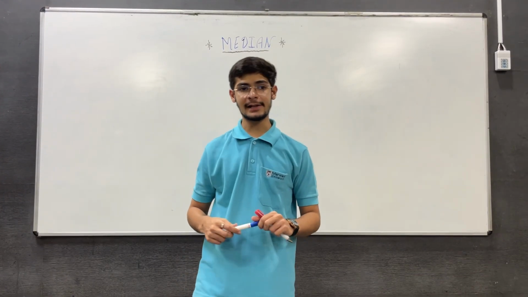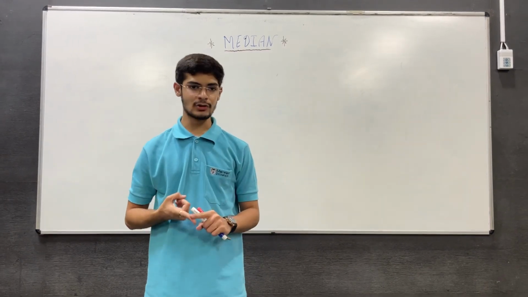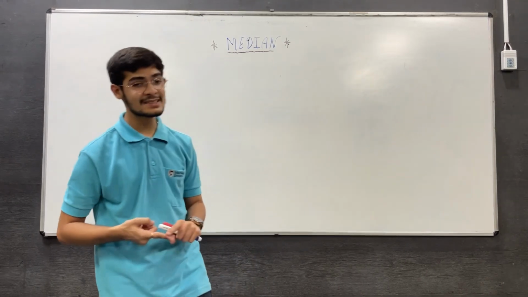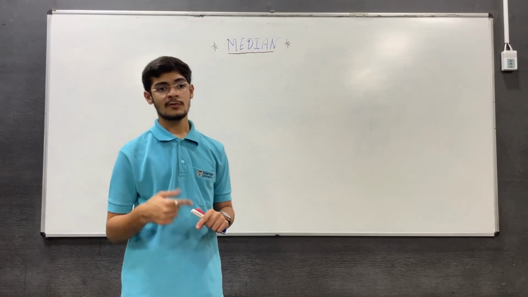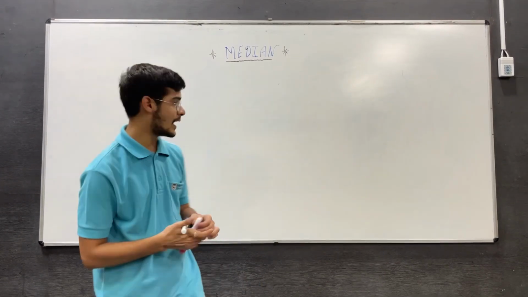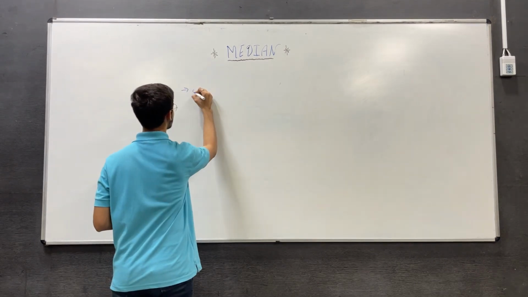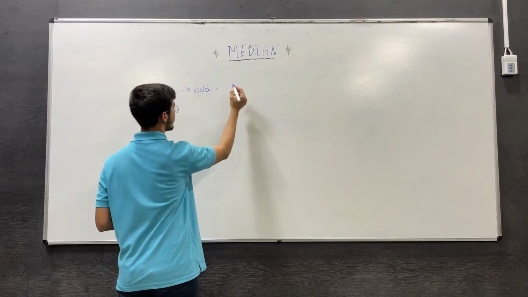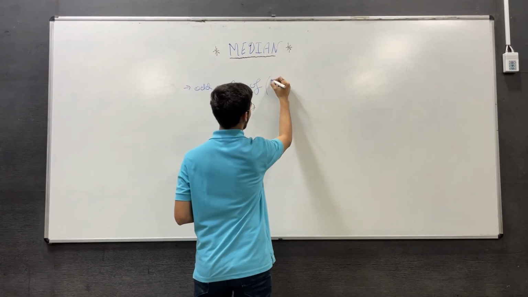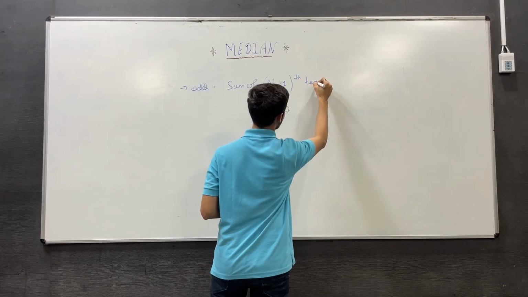Median can be calculated for many types of data sets, such as individual data set, discrete data set and continuous data set. Now first let's see the formulas used for calculating for different data sets. If the data set is odd, we use the formula: the n by 2 plus 1th term of the data.